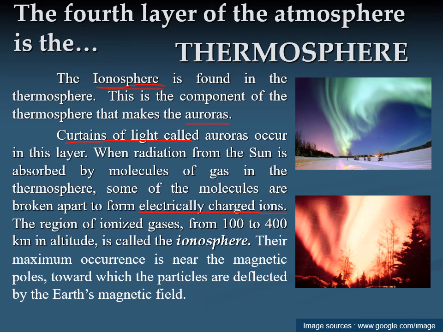And these charged or ionized gases move very frequently here and there within this ionosphere, around 100 to 400 kilometers altitude from the earth's surface. Because of this movement of ionized charged ions within these layers, we can see these highly glittering curtains of light which are known as auroras.